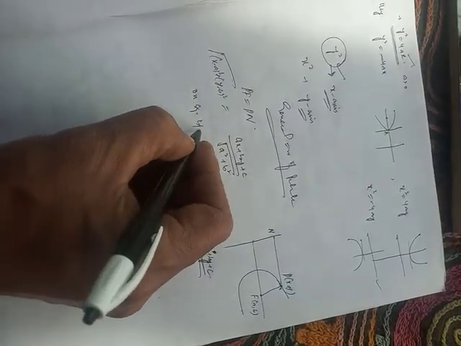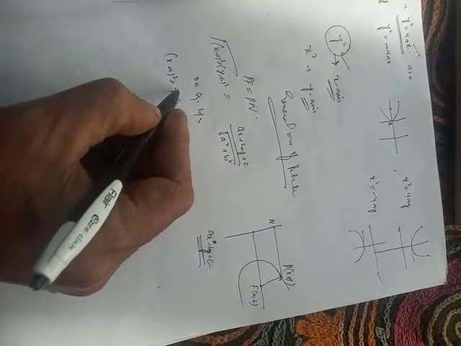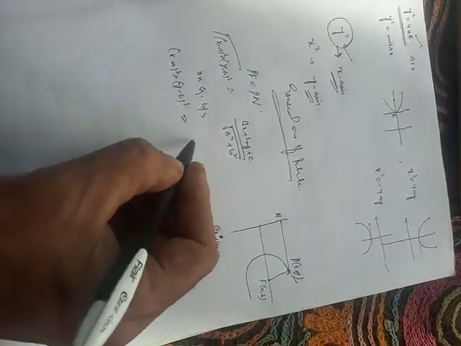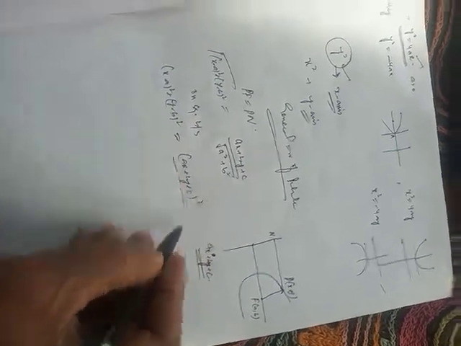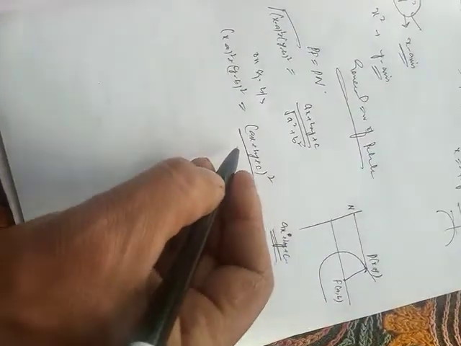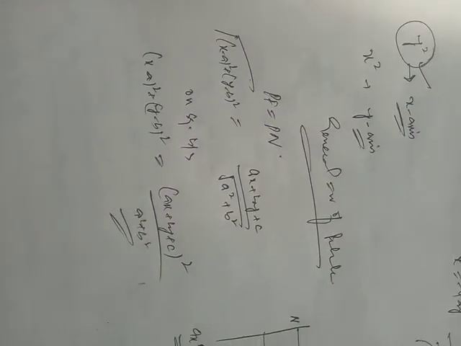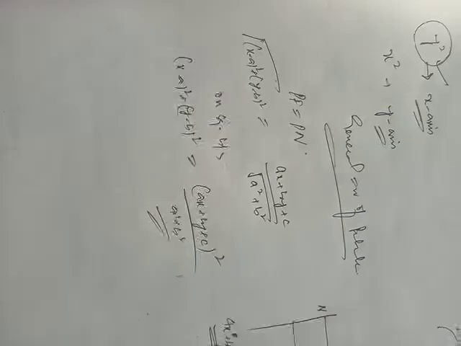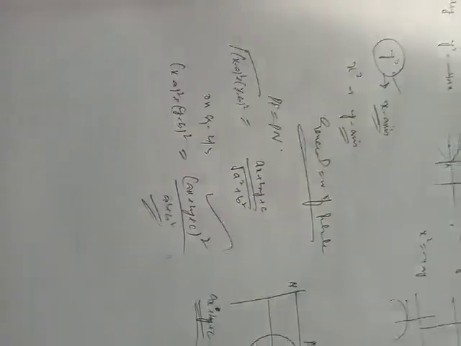On squaring both sides, you will get (x minus a) whole square plus (y minus b) whole square is equal to (ax plus by plus c) whole square divided by a square plus b square. Solving this, or transferring the like terms to one side, you will get an equation, and that will be the general equation of the parabola.